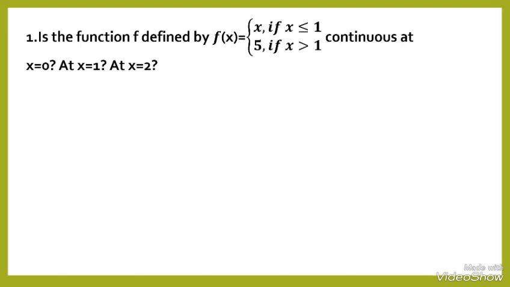Here, at x = 0, the function f(x) is x. We don't have to check the limit point because at x = 0 there is only one point, since it is given that x is less than or equal to 1, which means the function holds the value f(x) = x.